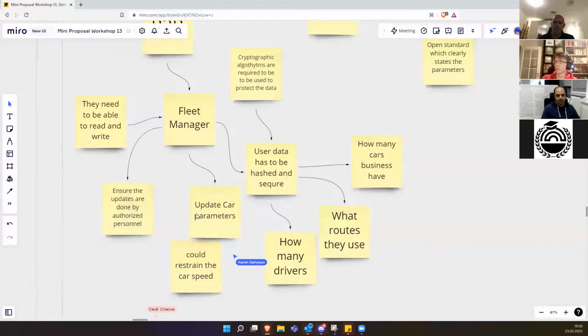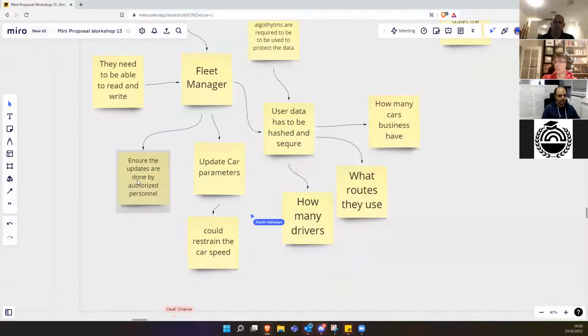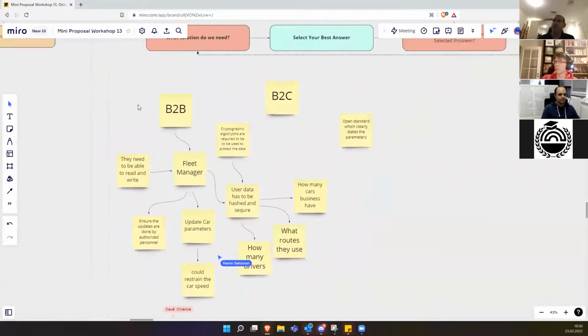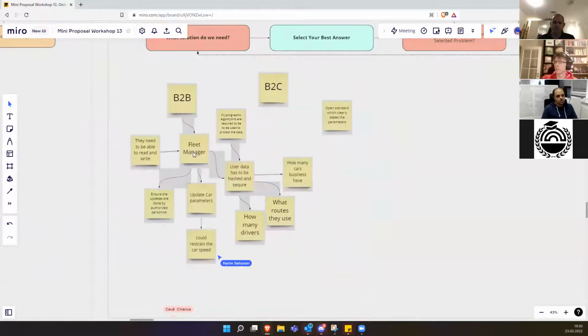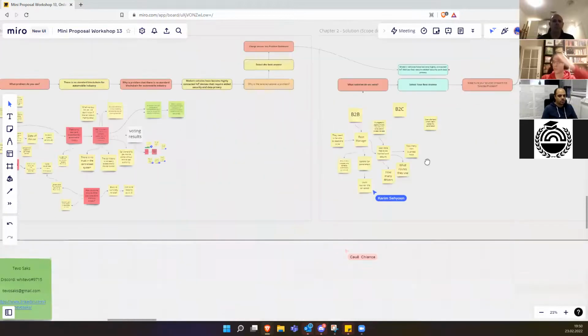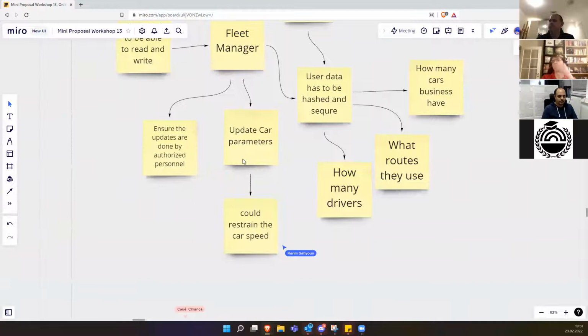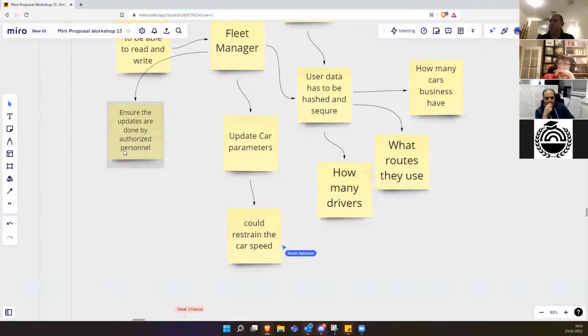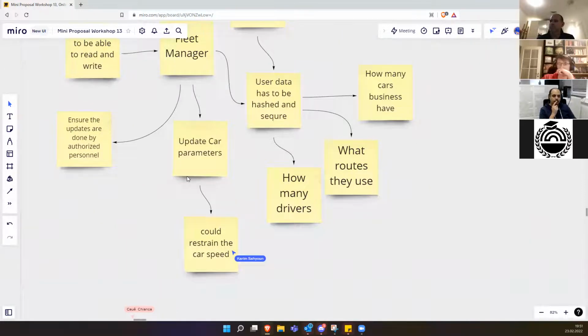Yeah, I was trying to rephrase the solution because you categorized it as one read and one write, and I don't know if that's the best way to do it, but I think overall we're getting the clear picture. I'm already a bit scared of the opportunity that a fleet manager is able to restrain the speed, because I don't really see a very good use case for this possible solution.